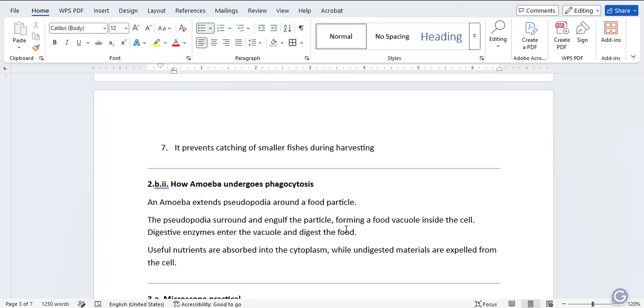So the food vacuole, just like we saw with the hormone in exocytosis, where hormones are secreted outside the cell, also has waste material this time, which you don't want in the cell. So it moves close to the cell membrane, like we talked about in exocytosis, where the membrane of the vesicle, the food vacuole, fuses with the cell membrane and releases the waste to the outside of the cell.